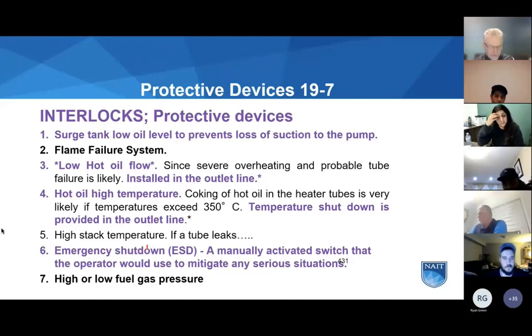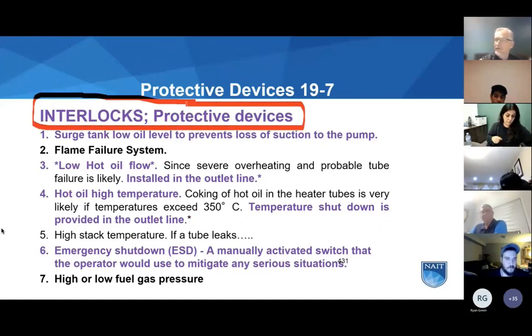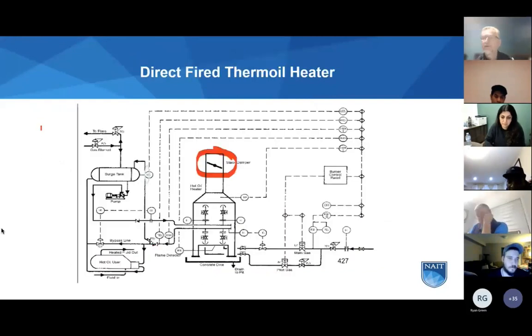So because these guys are prone to fires and leaks and problems, we have protective devices. Certainly we have interlocks and protective devices on most of the equipment we operate, but the ones that are specific here: surge tank low oil level. If you go back and look at the diagram here, you'll see there's a surge tank.